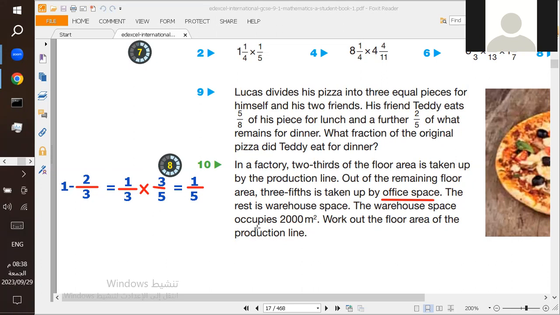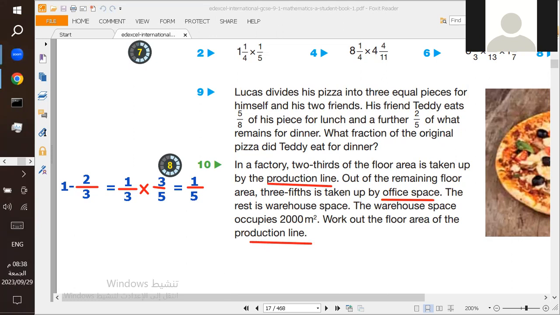So the warehouse space occupies 2,000 meters squared. Work out the floor area of the production line. So at the end, we're going to work out the production line, which is the 2/3 of the whole area. So we have to find the whole area first, and then we work out the production line. So how do we find the whole area?